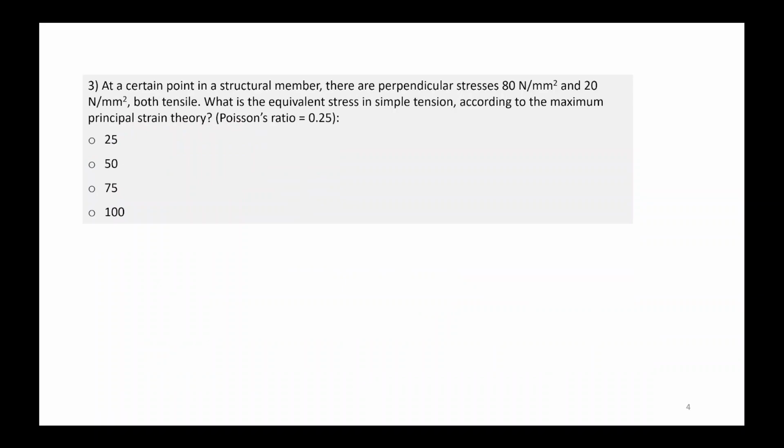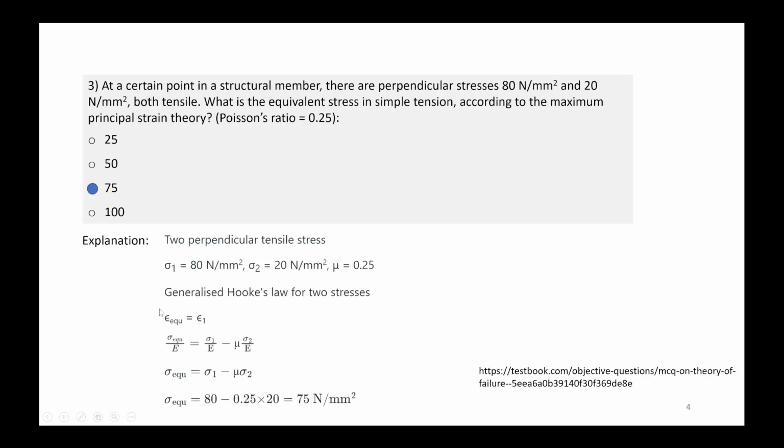At a certain point in a structural member, there are perpendicular stresses 80 Newton per mm square and 20 Newton per mm square, both tensile. What is the equivalent stress in simple tension according to maximum principal strain theory? In this case you are given Poisson's ratio. So this formula you have to use.